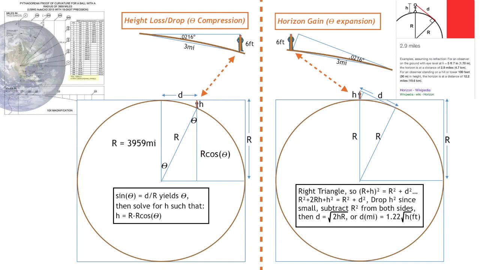So we can then extrapolate these 2 triangles to a greater circle again and calculate out for a circle what we would have as a height loss or drop, which is again just the theta compression, or the horizon gain using trigonometry, which is again the theta expansion.